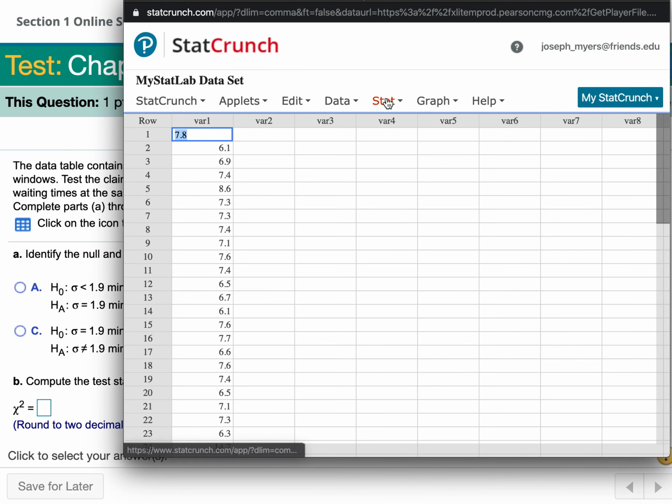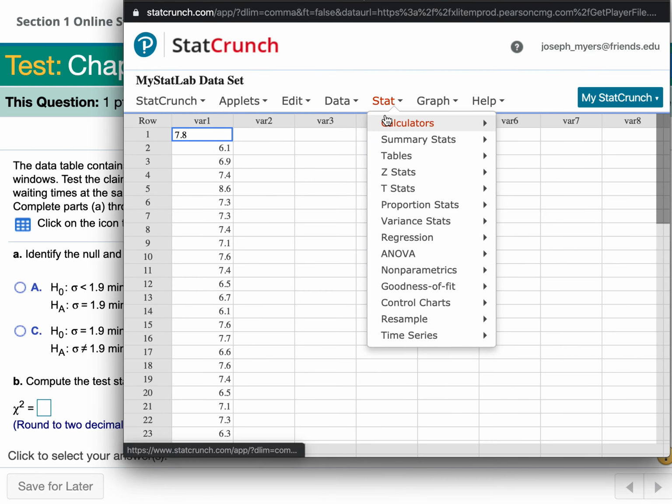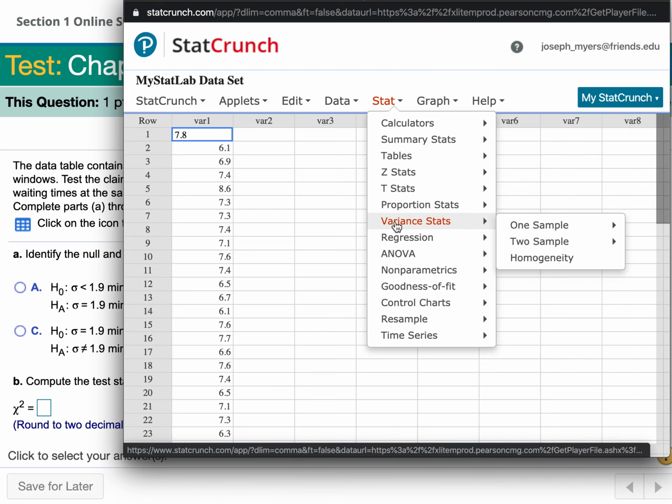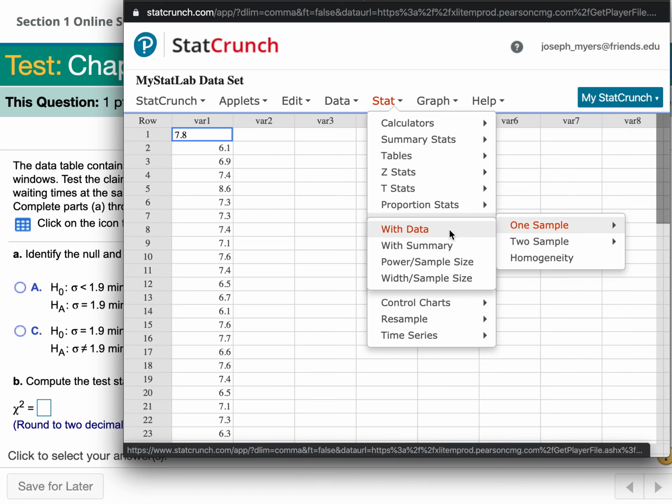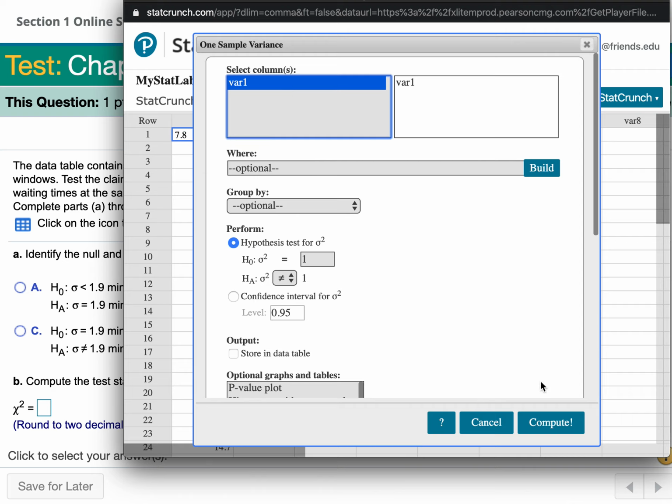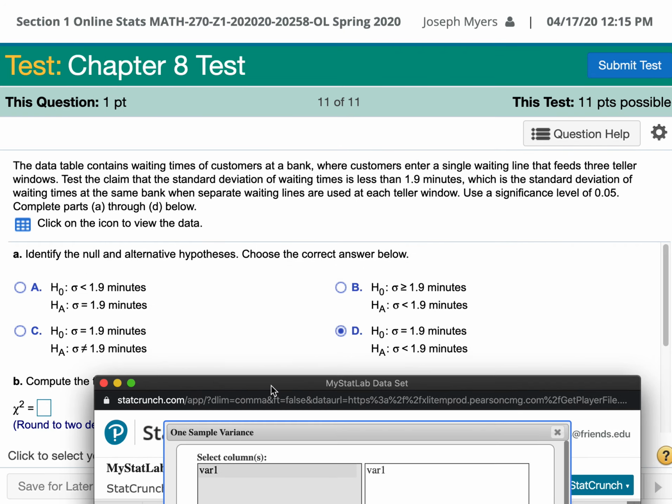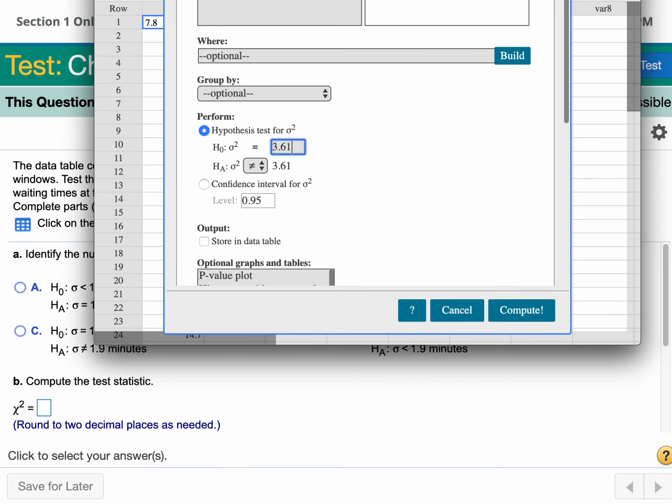All right, so I do Stats, Variance Stats, One Sample with Data, select the variable, and then my hypothesis test is going to be the variance equals 3.61, and the alternative is that it's going to be less than 3.61.